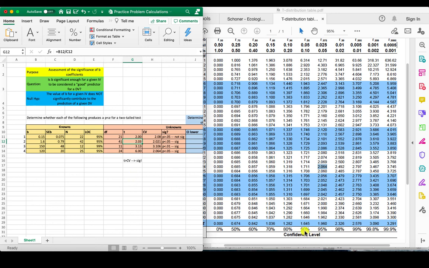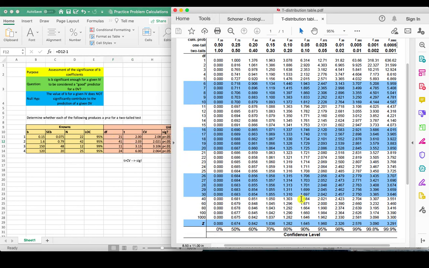So let's say we stick to our main levels of confidence, which are 90, 95, and 99. If we look at 90, our degrees of freedom was 41, so we'll stick with 40 for this example. At a 90% level of confidence, our critical value would be 1.684.